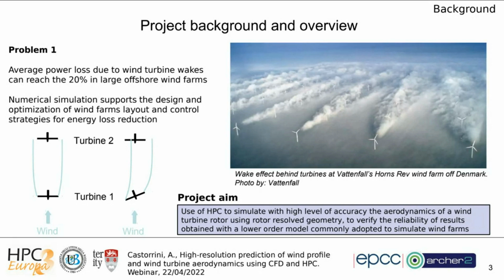You can see that in this situation, the turbines that are downstream of the front line see a flow that is very disturbed by the wake of the front turbines.